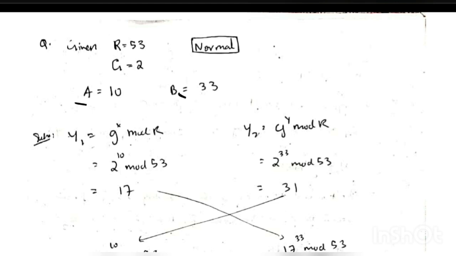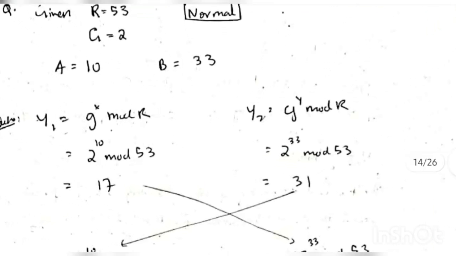What you have to do is write the formula first: G power X mod R, G power Y mod R. Now what are X and Y? A is X, B is Y. So you are doing 2 power 10 mod 53, where this is the value of R, this is the value of A, and this is the value of G. Remember this formula?